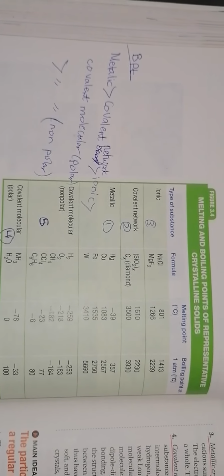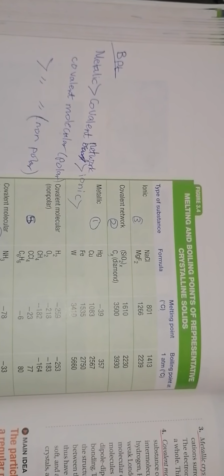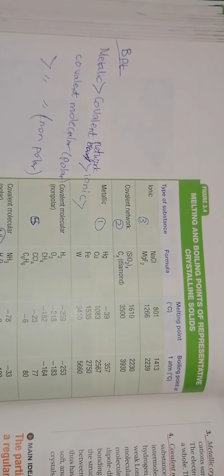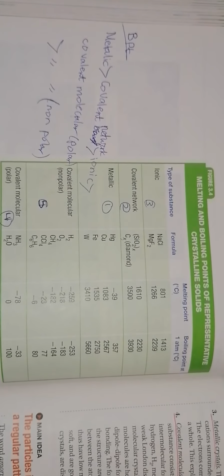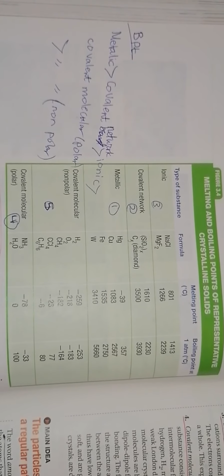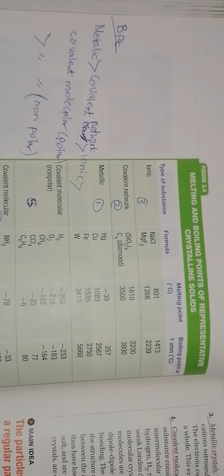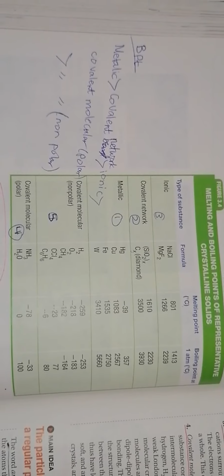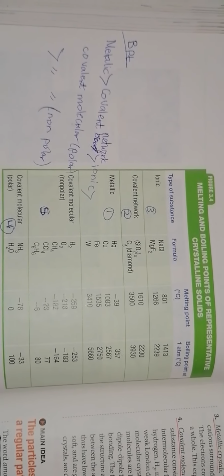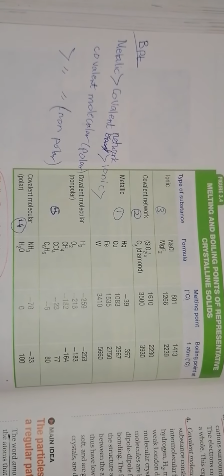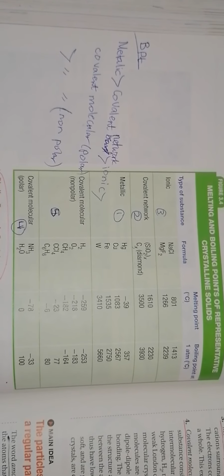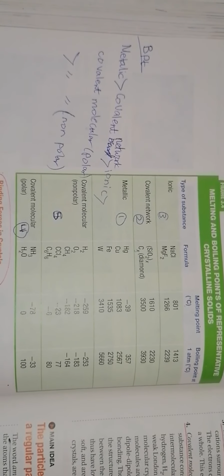We said it's highest for metallic bonds, and then covalent network, and then ionic bonds. And then covalent molecular polar, and then nonpolar, as you can see. And of course the boiling points depend on the type of bond between these solids.